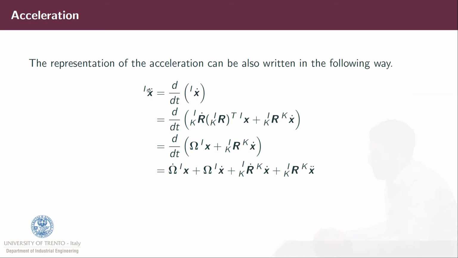The acceleration with respect to the I reference frame is the derivative of the velocity with respect to the I reference frame, and after some passages we obtain that the acceleration with respect to the I reference frame is equal to omega dot x in the I reference frame, plus omega times x dot in the I reference frame, plus R, the rotation matrix, times x dot in the k reference frame, plus the rotation matrix times the acceleration in the k reference frame.